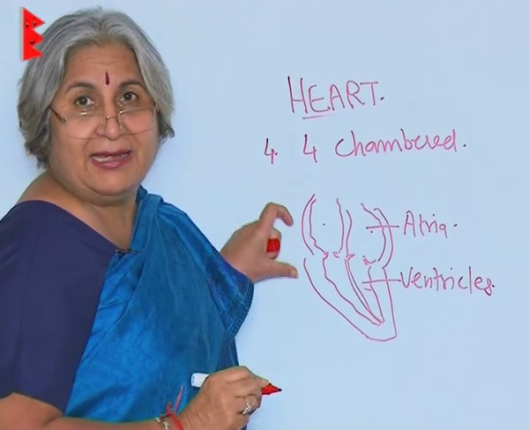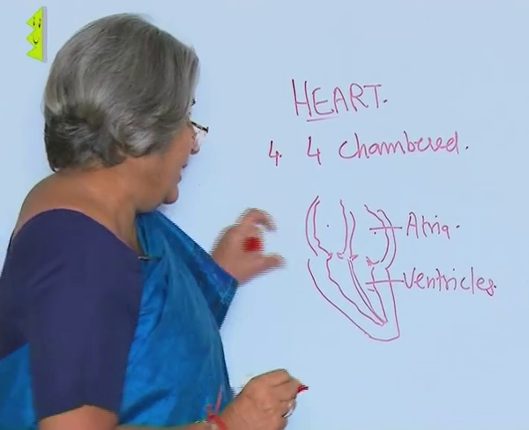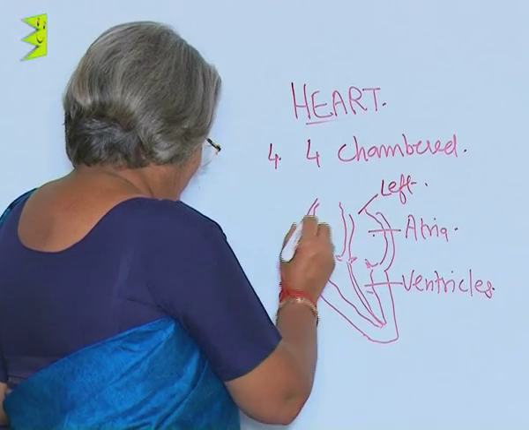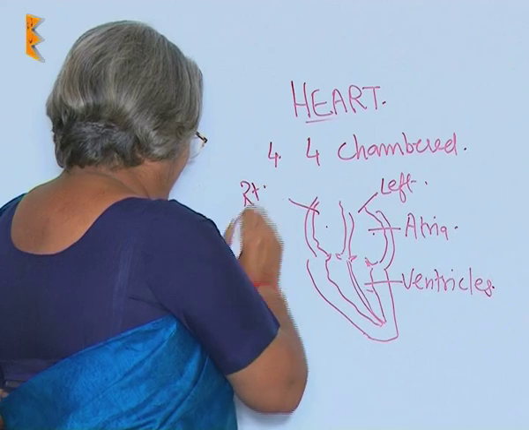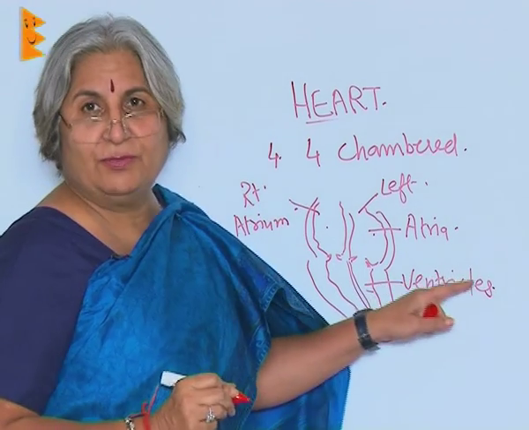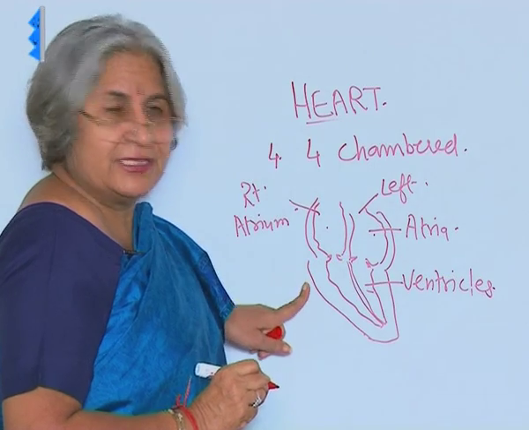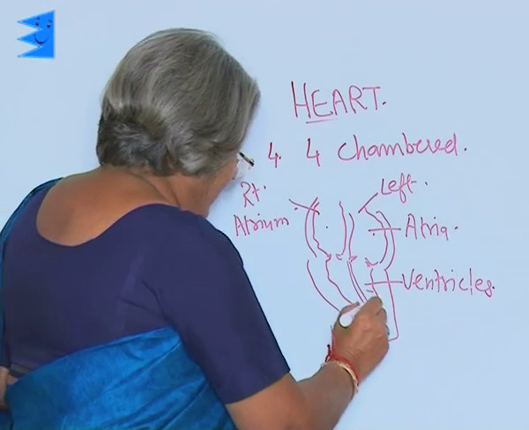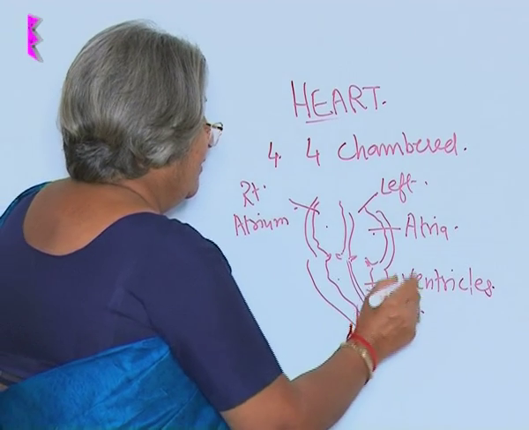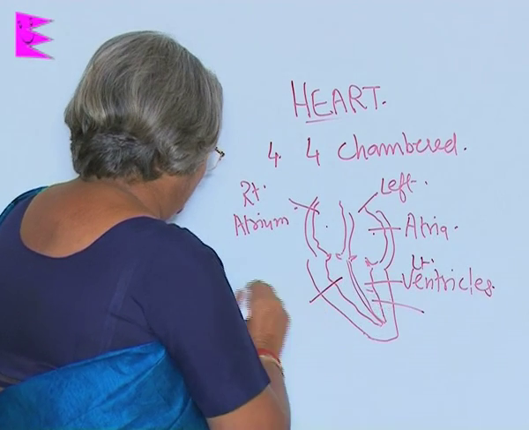Now, because diagrams are like mirror image, so this is left atrium, this is right atrium. Atria is plural, atrium is singular. Similarly, this is left ventricle and this is right ventricle.